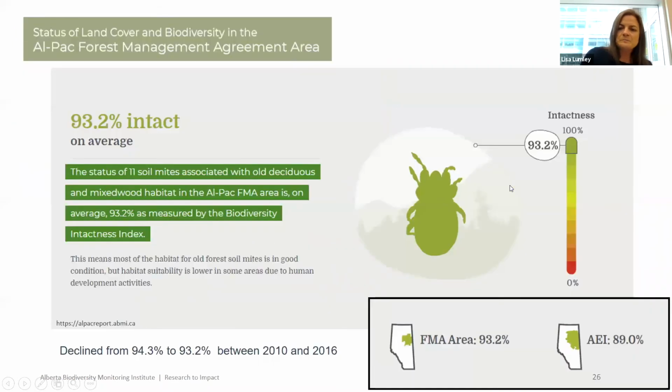For the mites, what we found is that it's 93.2% intact on average, and this has declined from 94.3% between 2010 and 16, so over the 6-year period. Intactness is higher within the forest management agreement area in comparison to the area of ecological interest, which is at 89%.